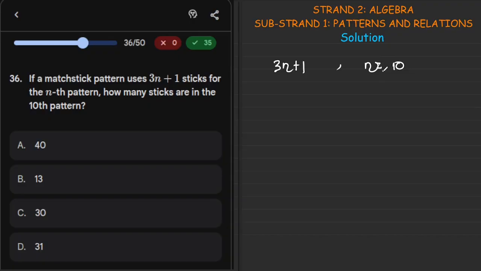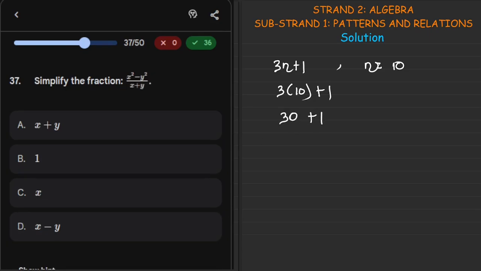The nth pattern. That is the number of patterns we are talking about. Hence, substituting our 10, we have 3 into brackets 10, then plus 1. 3 times 10 gives us a 30, so we have 30 plus 1, which will then give us a 31.